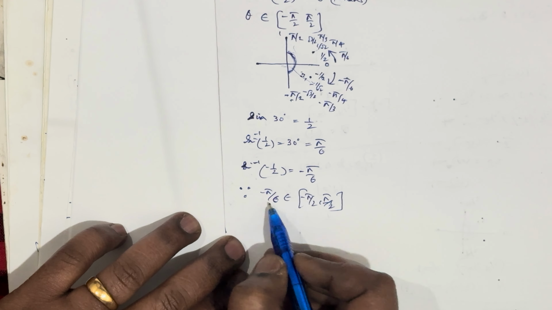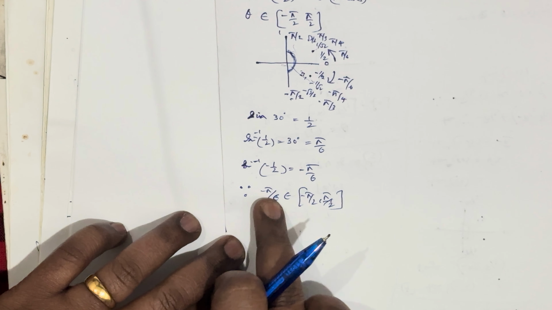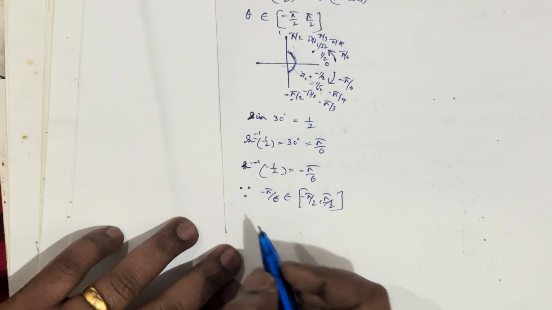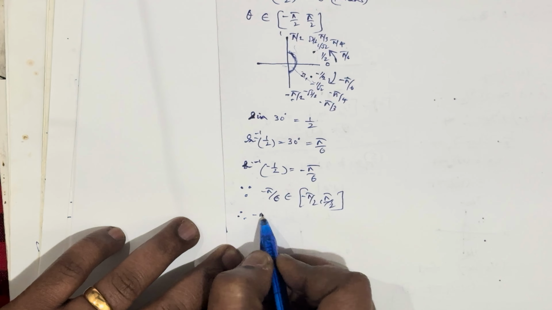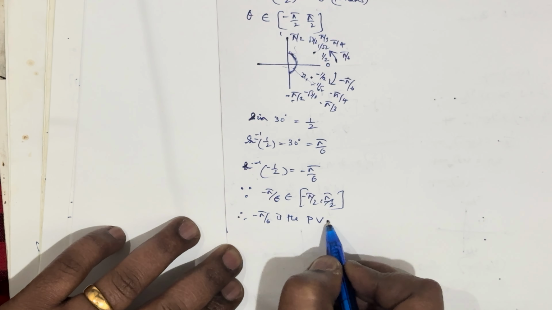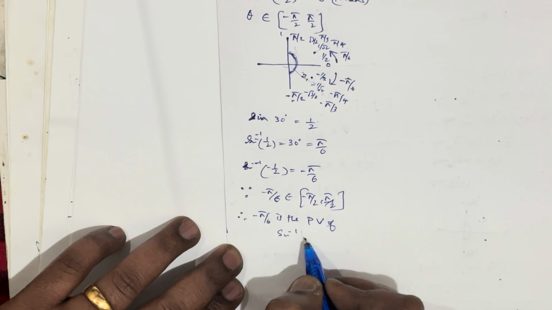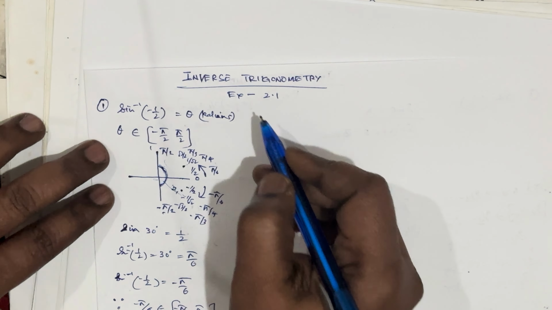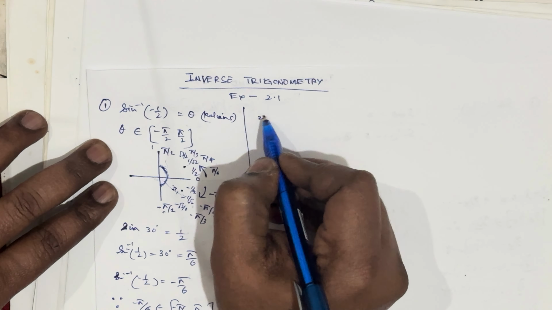Since minus pi by 6 belongs to the range, we can say that minus pi by 6 is the principal value of sine inverse minus 1 by 2. Therefore minus pi by 6 is the principal value of sine inverse minus 1 by 2. That's it, simple.